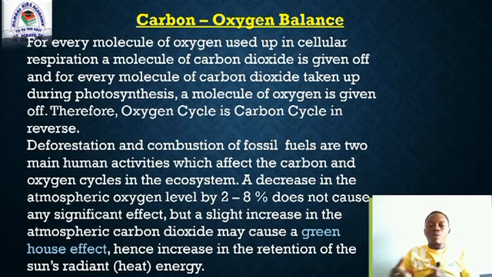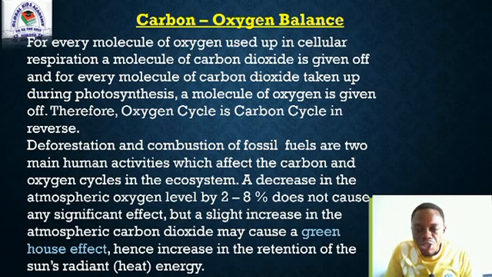So when a molecule of oxygen is used up by animals and plants during respiration, the corresponding molecule of carbon dioxide is given off. And in photosynthesis, for the molecule of carbon dioxide taken by plants, the exact corresponding molecule of oxygen is given off.